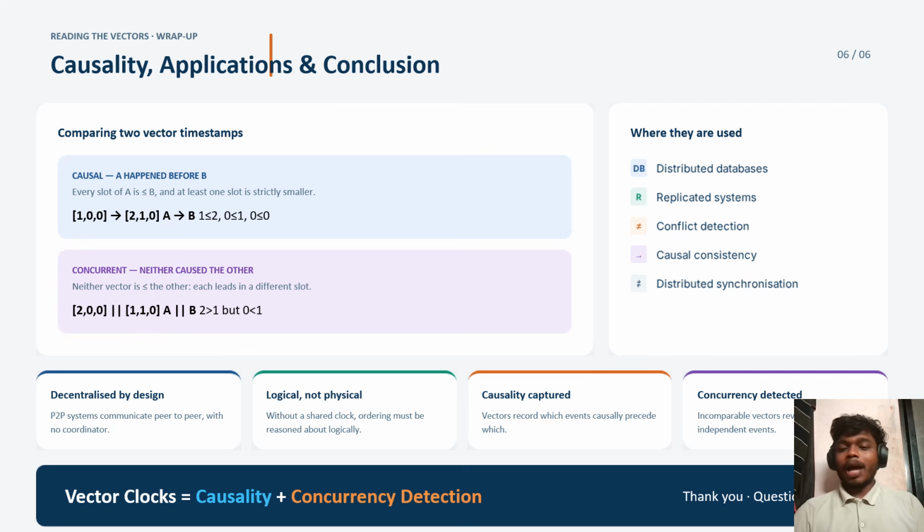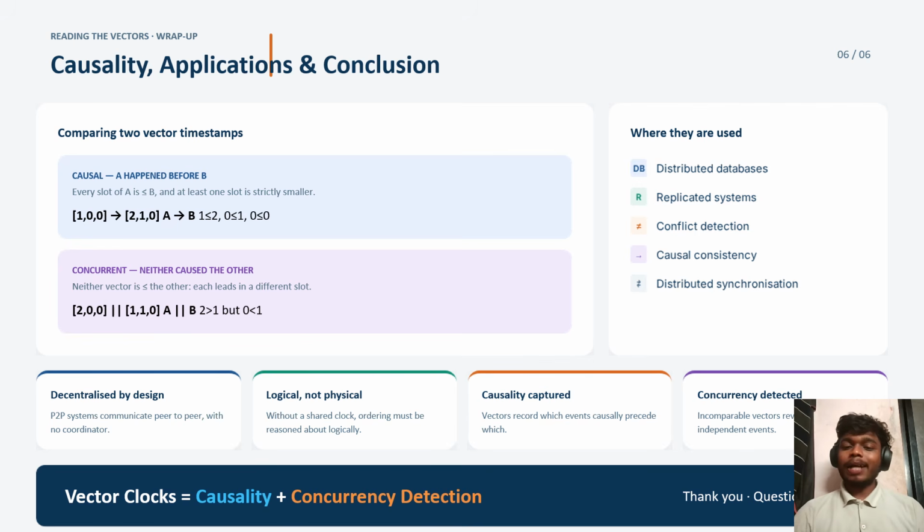Causality, applications, and the conclusion. By comparing the final vectors, the system can simply detect causality. If every number in vector A is less than or equal to the corresponding number in vector B, A definitely happened before B. Those are the key points of vector initialization and tracking in the system.